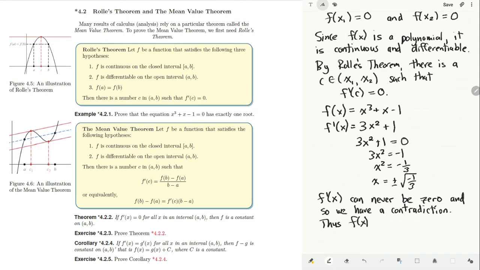And so f has at most one real root, since it cannot have 2 real roots.